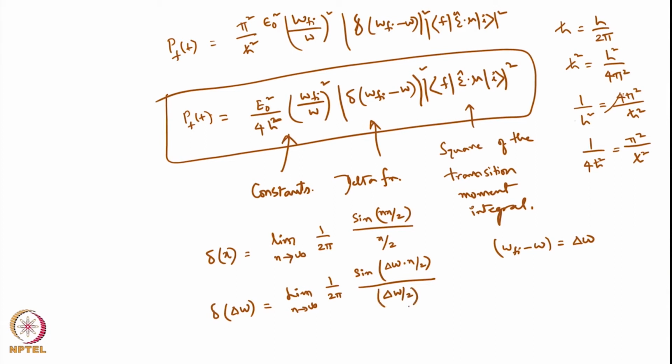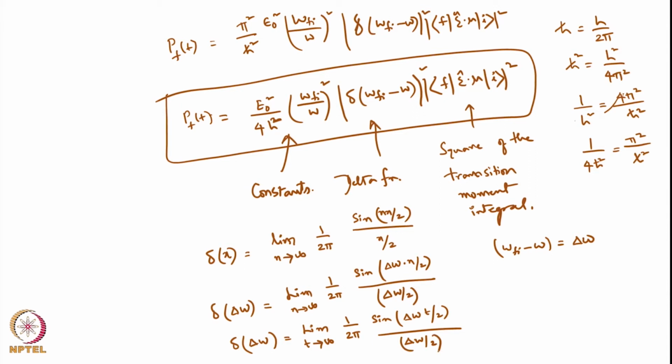But what is your n here? N is just the time. So I can rewrite delta omega as the limit t tends to infinity of 1 over 2 pi, sine of delta omega t by 2 divided by delta omega by 2.